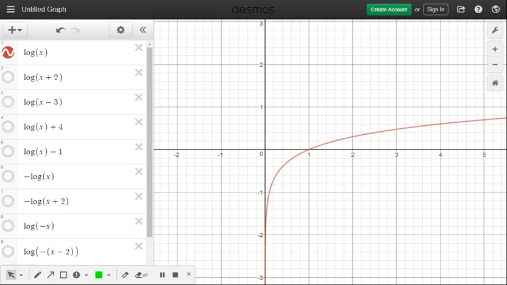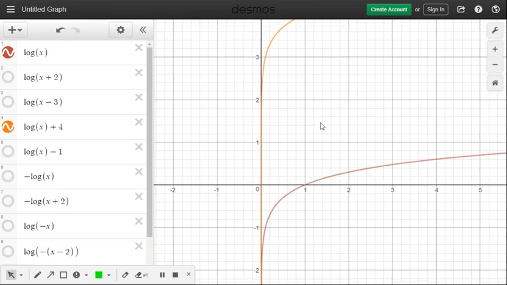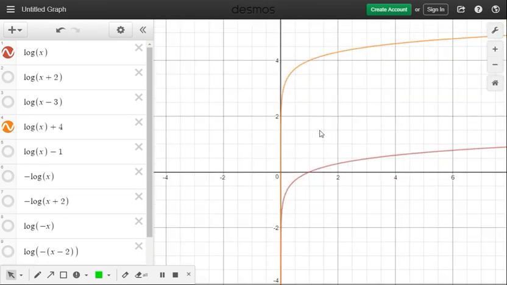So now you have log of x plus 4. What would happen? So I turn it on, it's the orange graph, and if we look closely, we see that from the red to the orange graph, it's shifted upward. Again, I'm going to compare the x-intercept from the red graph. So right here, the x-intercept, (1, 0).